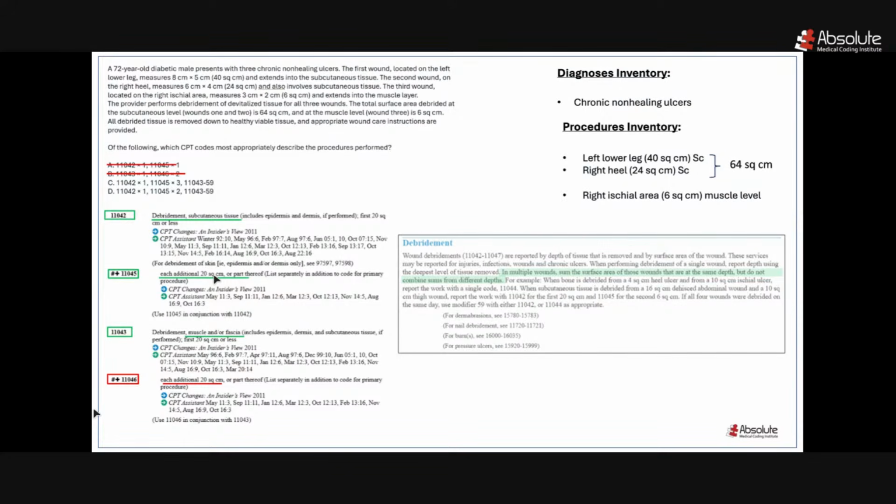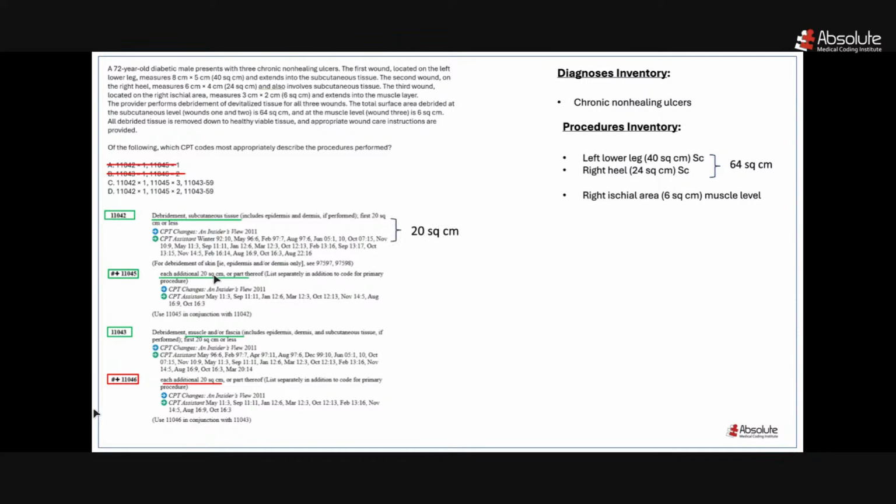Okay, now let's do the mathematics. We are going to code for a debridement at subcutaneous level, and we have a measurement of 64 square centimeters, and 11042 is for debridement of subcutaneous tissue for the first 20 square centimeters. So out of 64, the first 20 square centimeters is covered by 11042, and we have the remaining 44 square centimeters.